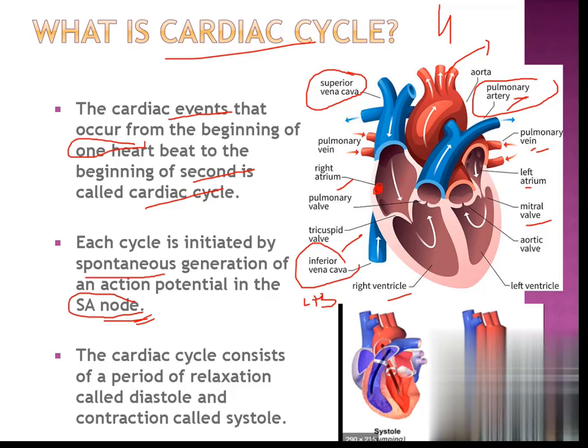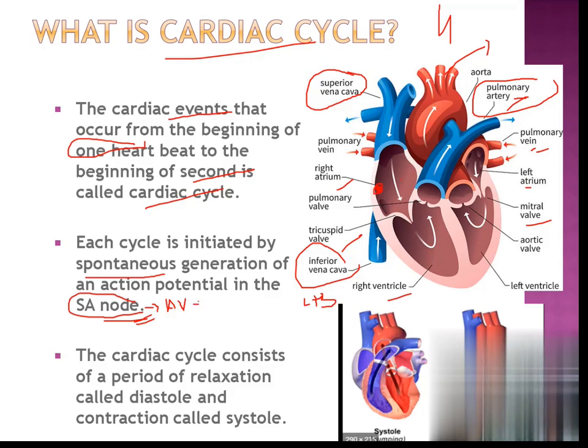Okay, now this provides the signal, the action potential, to the ventricles through various other structures, which include the bundle of His and the Purkinje fibers. So basically what happens is, this sinoatrial node gives the signal to the AV node.